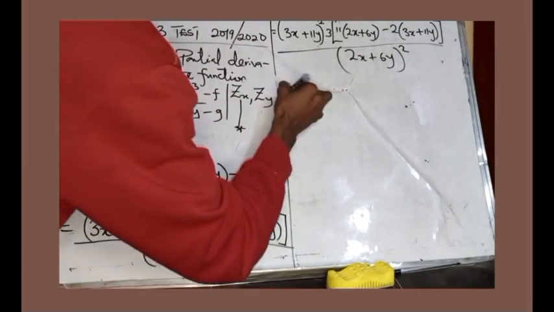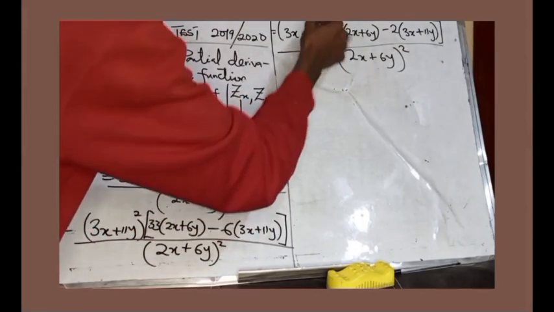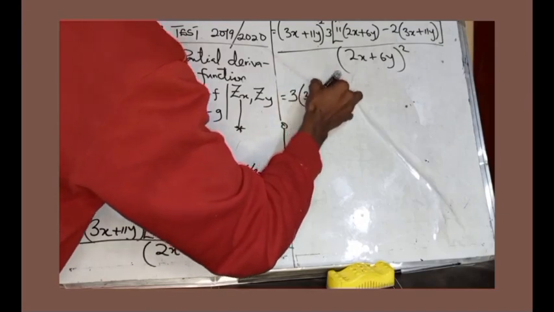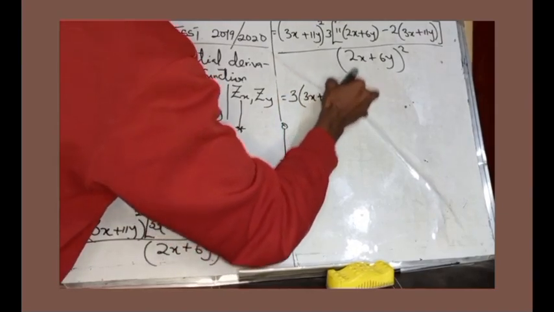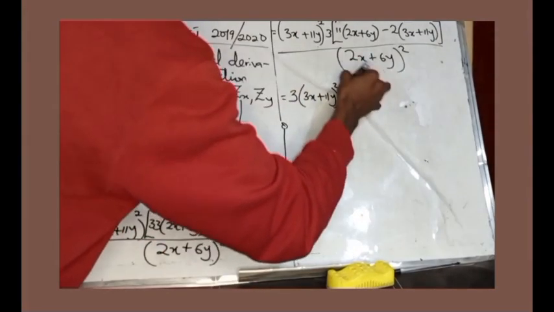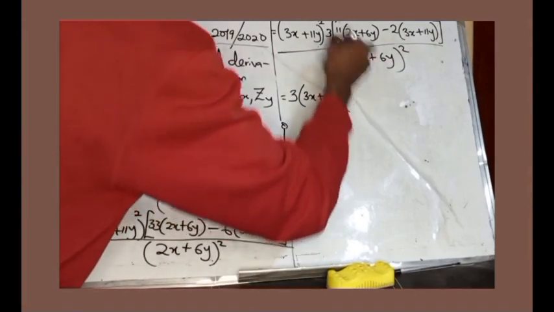So now we can proceed by saying this 3 can come here, as it is also commutative. Okay, so I have 3 here, then open bracket 3x plus 11y all square, guys. From here I can now expand this bracket.